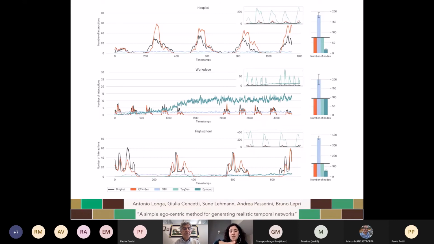So the strategy of multiple dictionaries is a plus that we inserted in our model in order to reconstruct this. But even if we didn't have it, we would be able to reconstruct the correct average number of interactions.